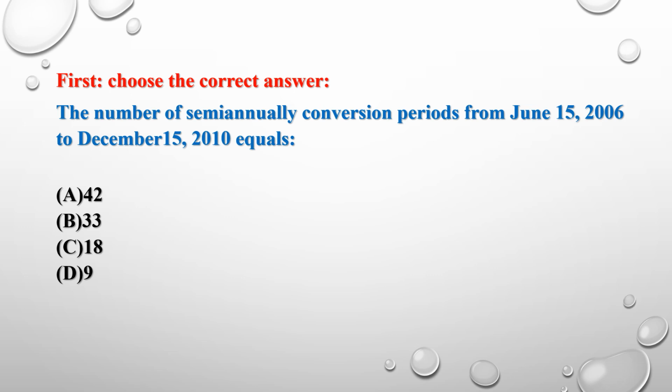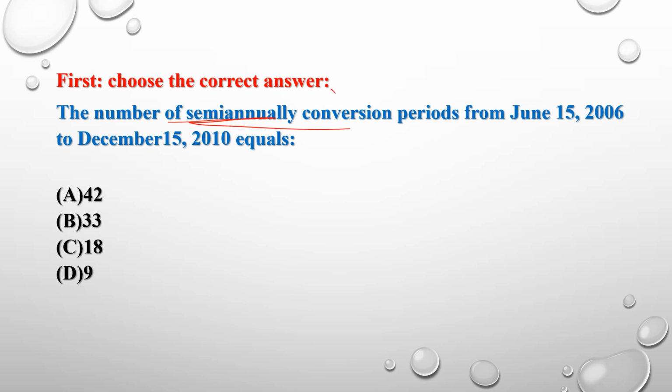Question 1. The number of semi-annually conversion periods from June 15, 2006 to December 15, 2010 equals A. 42, B. 33, C. 18, D. 9. This question is asking you about the number of the semi-annual conversion periods.